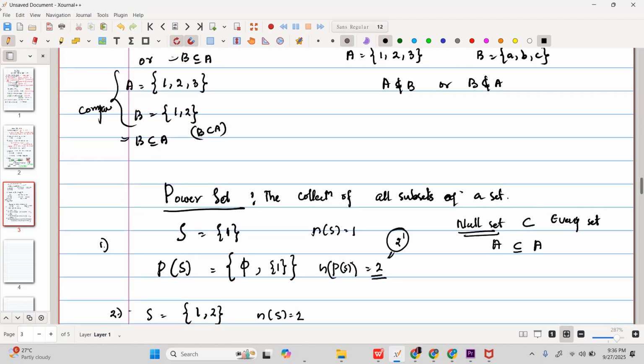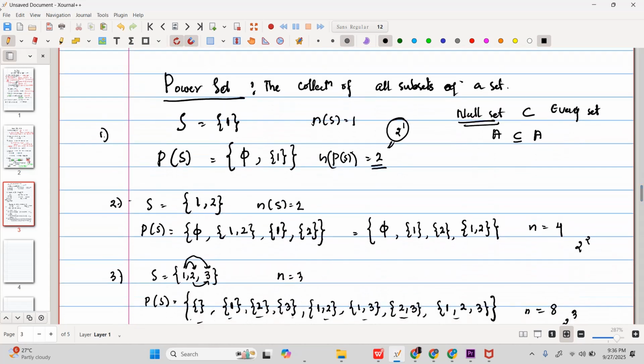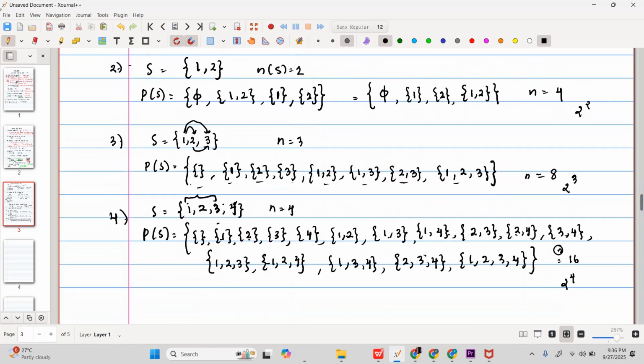Am I right? So if the number of elements in the set is 1, then the power set has 2 raised to 1. If the number of elements in S is 2, then it is 2 squared power set elements. If the number of elements in S is 3, then P(S) has 2 cubed. If it is 4, P(S) has 2 raised to 4.